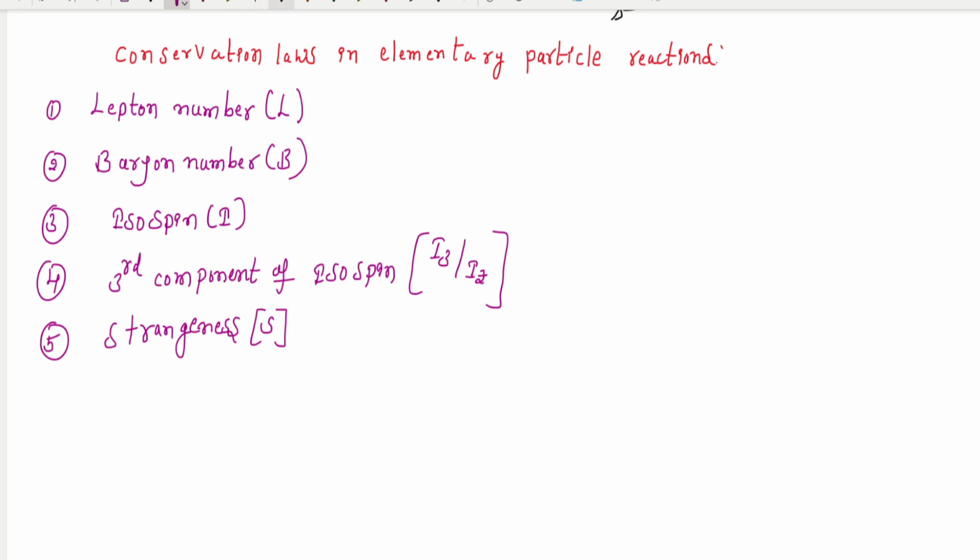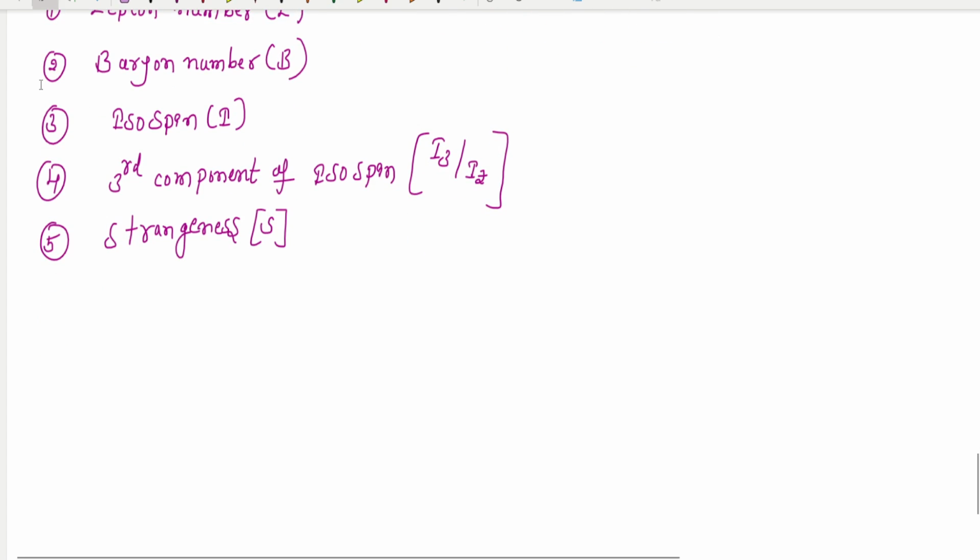First I'm going to discuss the conservation of lepton number. What are the leptons? I'm going to define this lepton number like this. This definition I took from the DC Pandey book. If you really want to study each and every elementary particle, how they were discovered, whether they really exist or not, you need to study the Griffiths textbook.